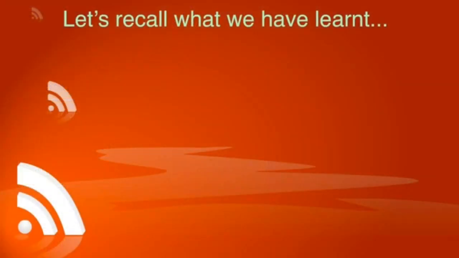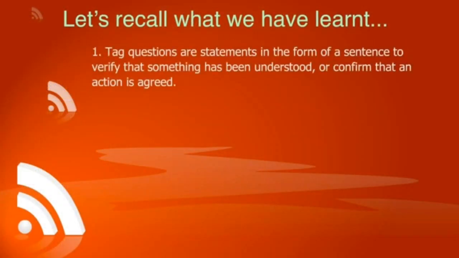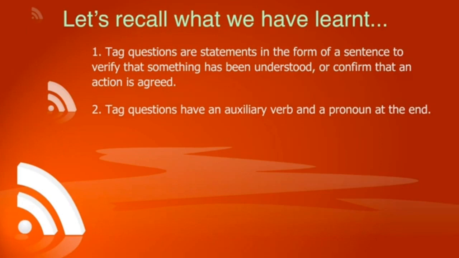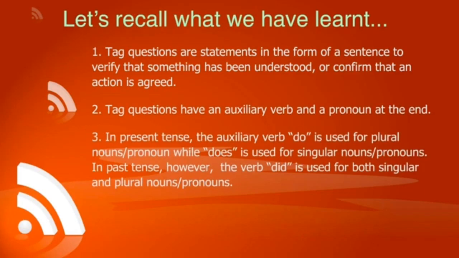Now let's recall what we have learned so far. 1. Tag questions are statements in the form of a sentence to verify that something has been understood or confirm that an action is agreed. Secondly, we also said that tag questions have an auxiliary verb and a pronoun at the end. So you have to note that too. Thirdly, in present tense, the auxiliary verb do is used for plural nouns or pronoun, while does is used for singular nouns and pronouns.